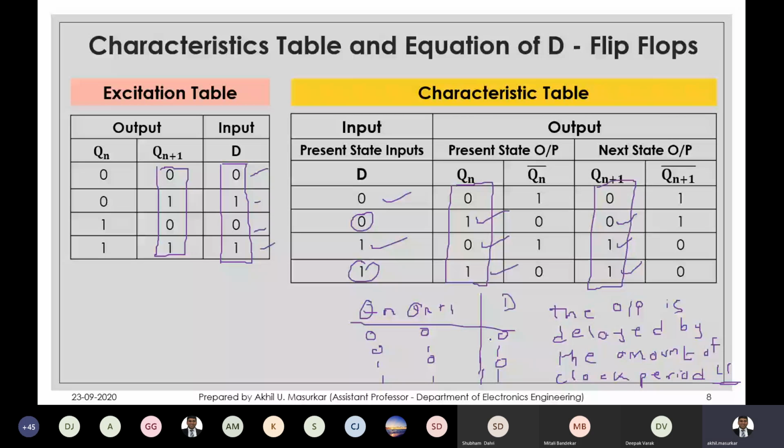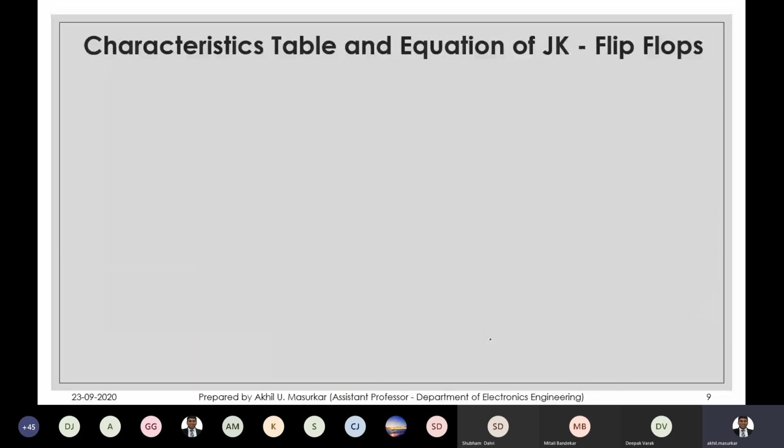Okay, so let's go to the next one, that is the characteristic table, equation and excitation table of JK flip flop. First you write down the truth table.